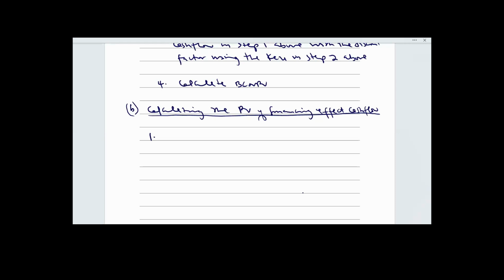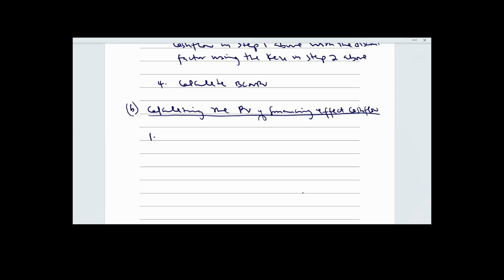Because Miller and Modigliani, who propounded the adjusted present value, failed to tell us the cost of capital or discount rates to be used for financing effect cash flow. Therefore, you are at liberty to either assume cost of borrowing or the risk-free rate of return. Whichever of the two you use is what the examiner will mark for you.